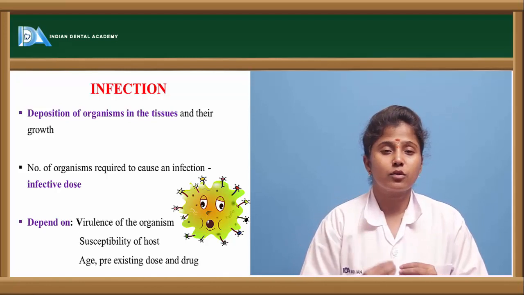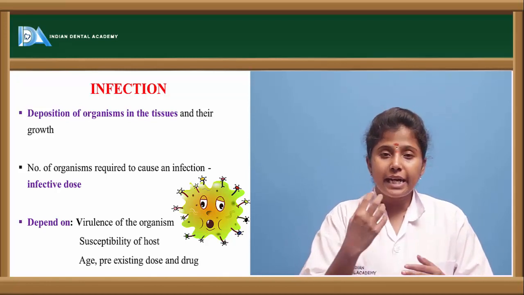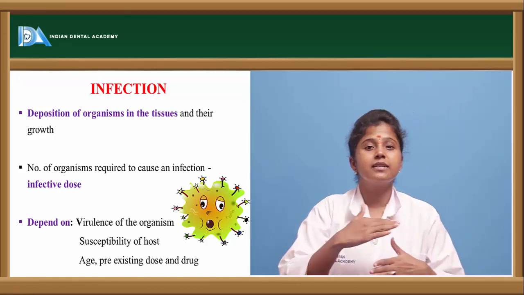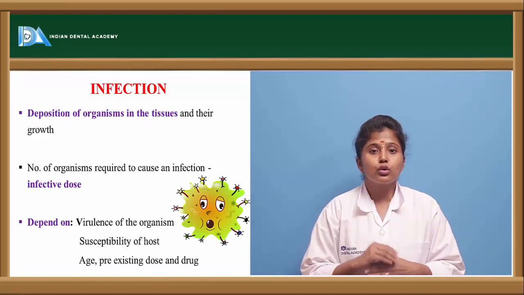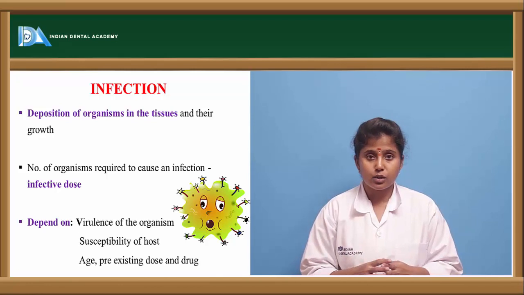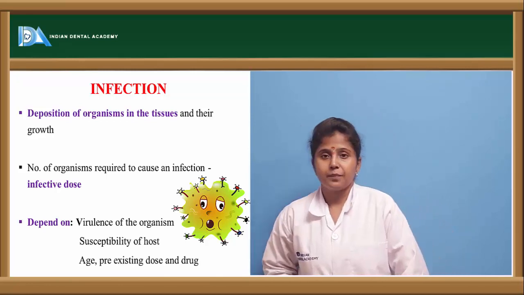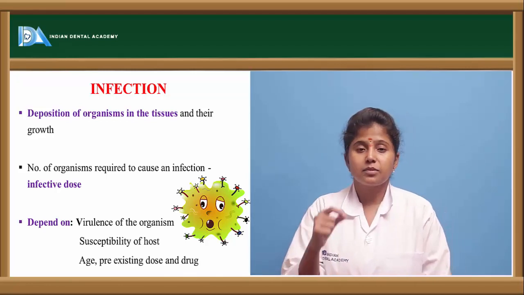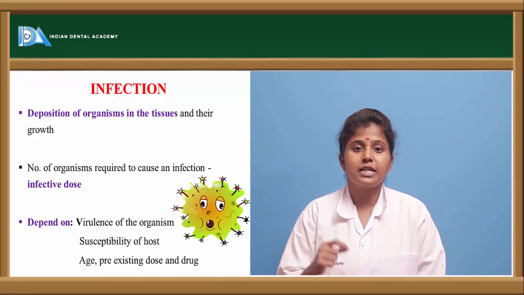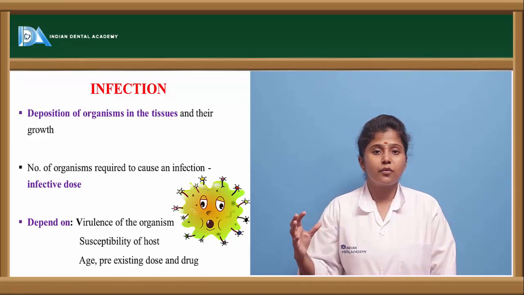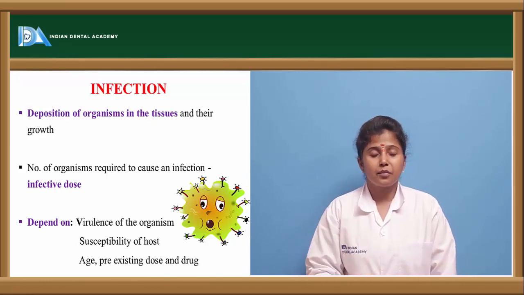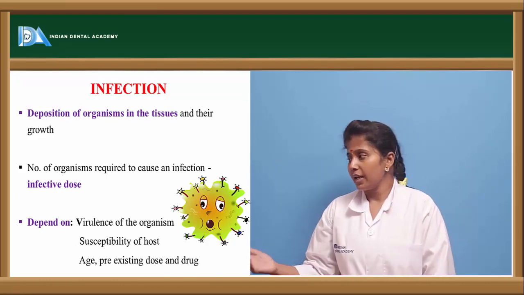For example, if a microorganism has entered the body and deposits on the tissues, tissue growth or tissue damage occurs. That leads to the infection, and the number of organisms able to cause infection is called the infective dose. So infective dose is nothing but how many organisms are able to cause the infection.